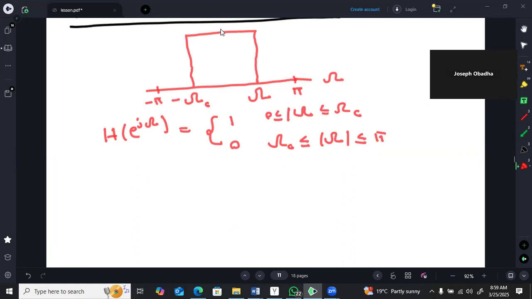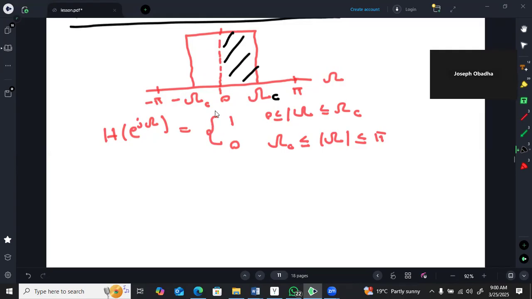So this is the frequency response of an ideal filter. We have basically defined this region of our filter, because if omega is greater than this omega c, then the response would be 0. But between this and this, the response is 1.